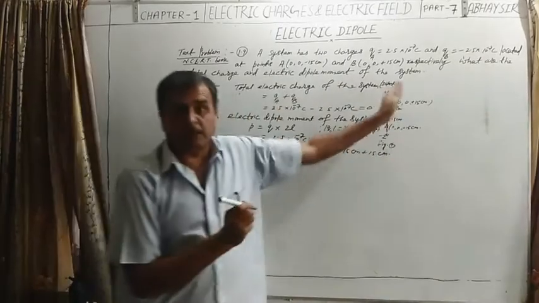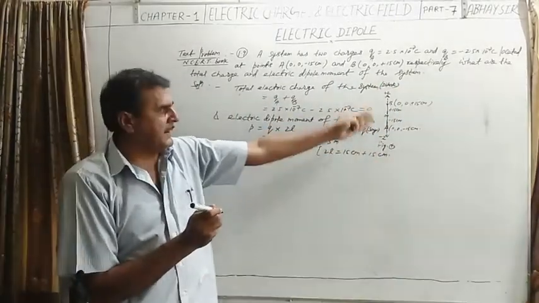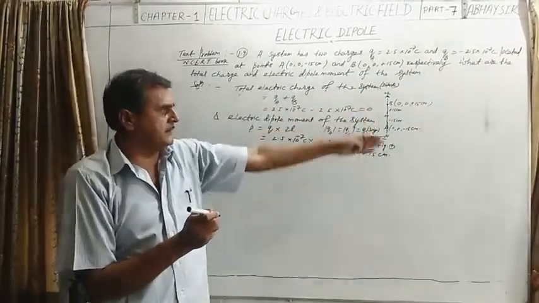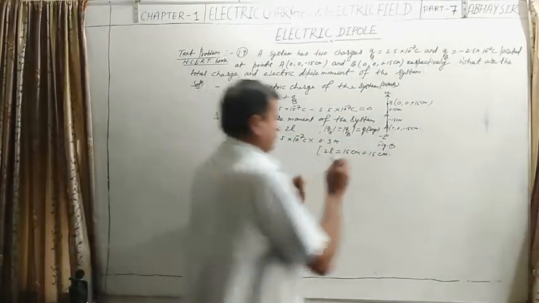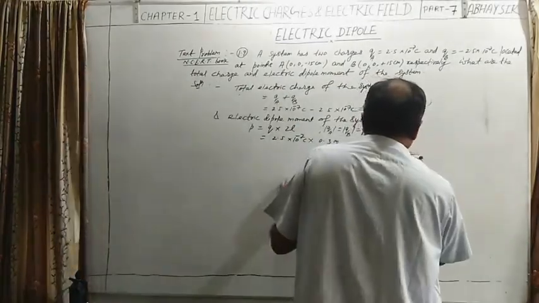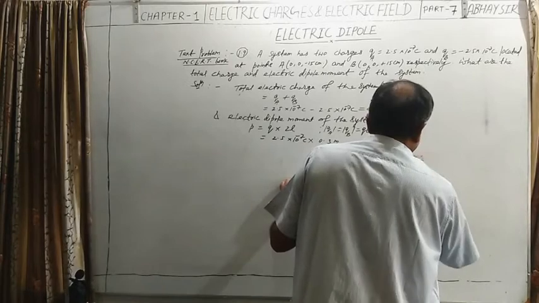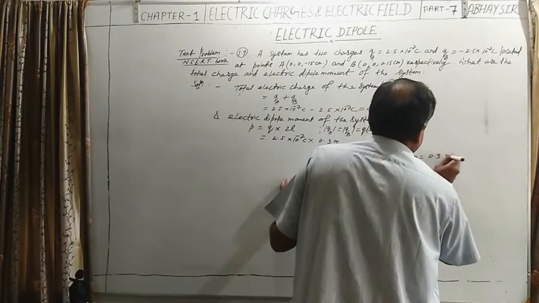We have to take the magnitude of the dipole length, 30 cm, that is 30 by 100, that is 0.3 meter.